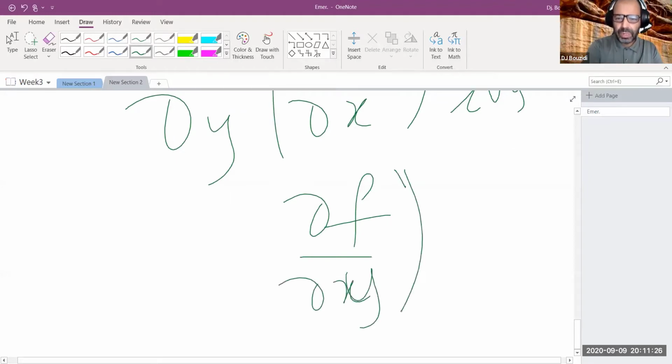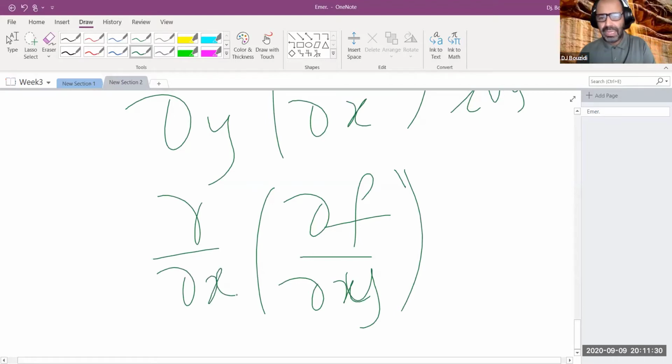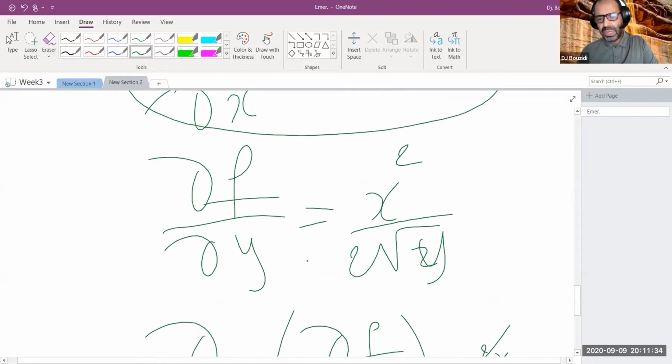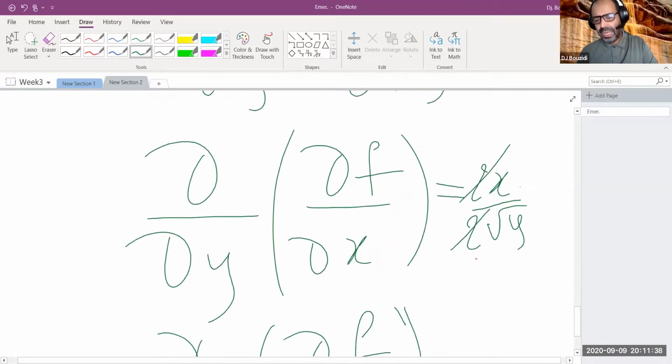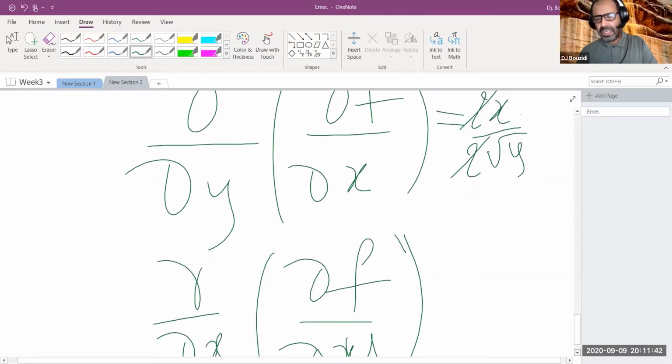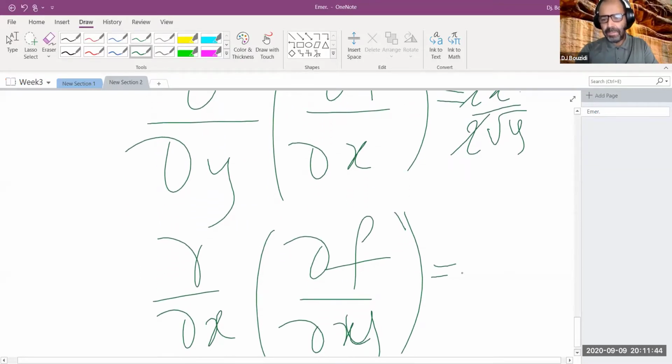So the answer, again, I have x squared, which if I take its derivative is going to be 2x divided by 2 square root of y, and the answer is the same. That is the point I'm trying to argue here, that mixed derivatives are the same. It doesn't matter which order you do.